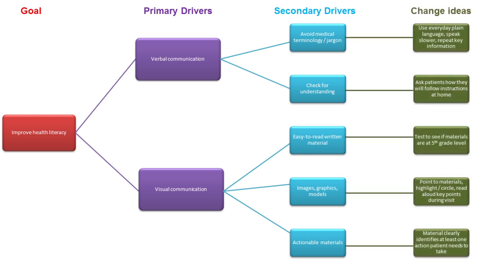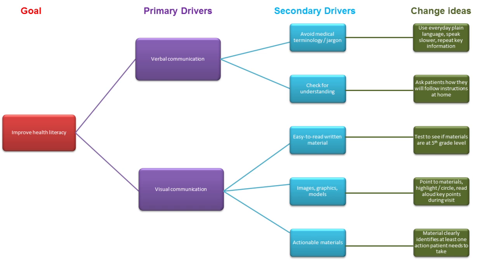Secondary drivers are then used to create change ideas, projects, and actions that will affect primary drivers and move you toward your goal. In our example, some change ideas are for clinicians to use everyday plain language, speak a little bit slower when communicating key information, repeat key points, ask patients how they will follow instructions at home, a concept known as teach back.